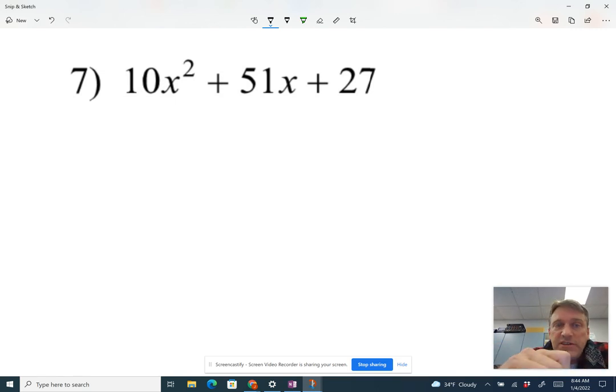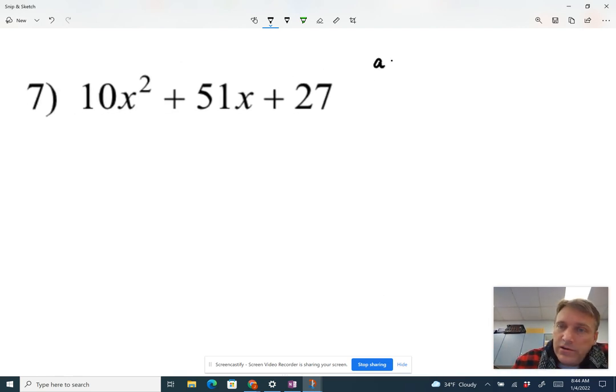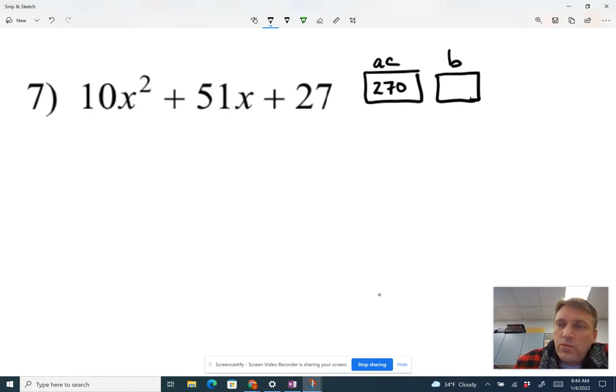So we checked for GCF. Then we go to our toolbox. We say AC, A times C, that's 10 times 27, or 270, and B is 51. So we're going to look for two numbers that multiply to 270 that add to 51.